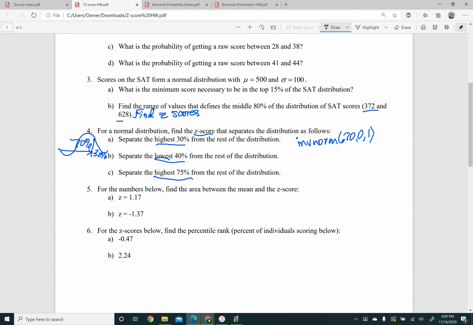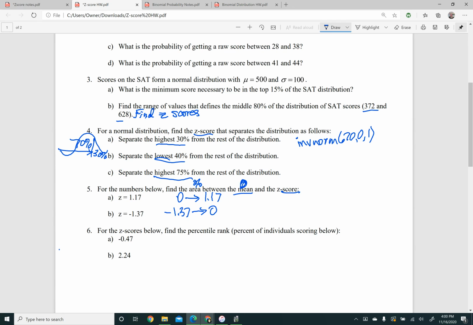Number 5 says find the area, that's the percent, between the mean and the z-score. Well, in this case, we're talking about the mean being 0. So one of these is going to be the lower and one of these is going to be the upper, okay? So obviously 0 is the lower here and the upper is 1.17. But when we do it this way, 0 is the upper and negative 1.37 is the lower.